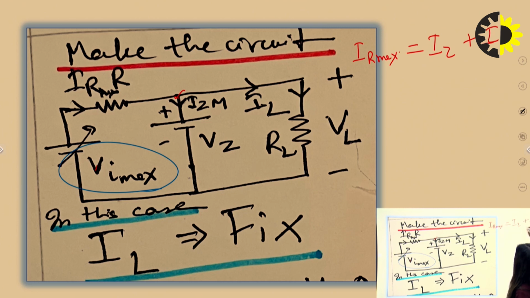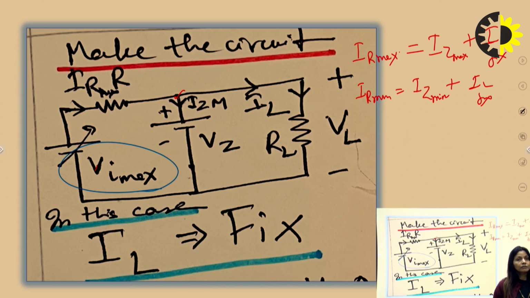Okay, this is maximum, this is fixed, then this should also be maximum. If IR is minimum, let's say, then IZ plus IL, IL is fixed, then IZ should be minimum. So this particular concept is very, very important for the third case.